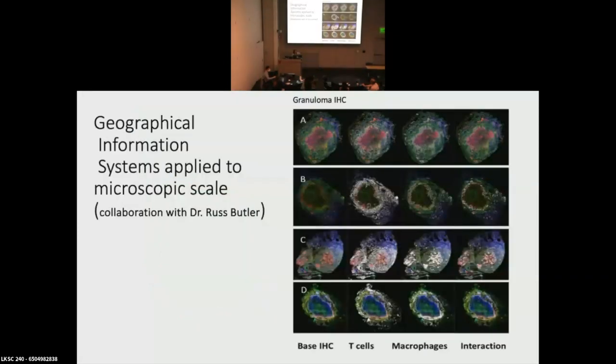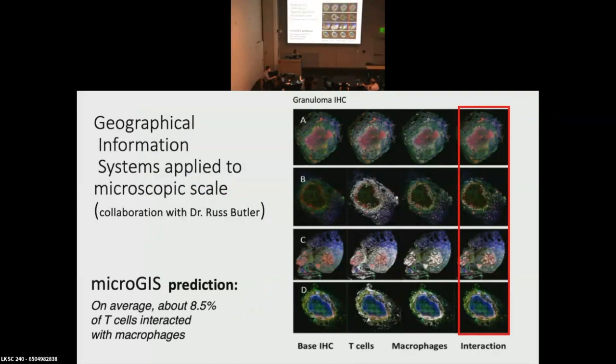So we asked Russ and his team to look at 4 different granulomas. So you see them in this column here, the IHC, and he was able to, and he'll tell you later, identify what were the T cells, what were the macrophages, and where they were overlapping in these granulomas. And what we showed is only about 8% of the T cells were touching anywhere near a macrophage to be able to be stimulated.